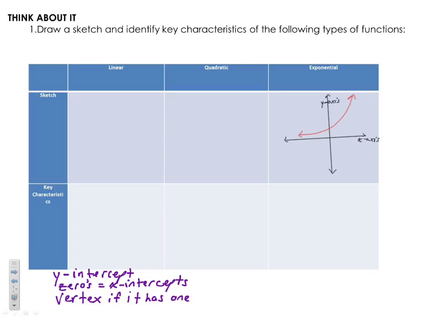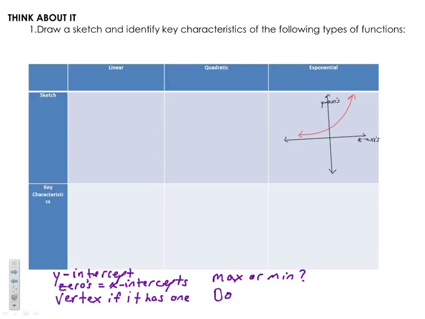And does it have a maximum or a minimum? Does it have a max or min? What do you think? This is a little bit of analysis going on now. Tell me if it does, and what is it, okay? Remind me in class, and we'll talk about domain and range for these functions.